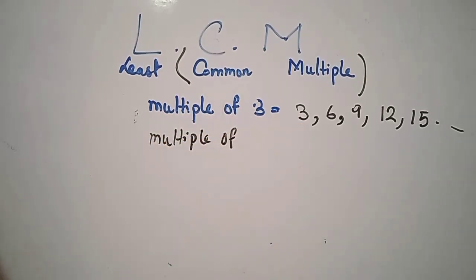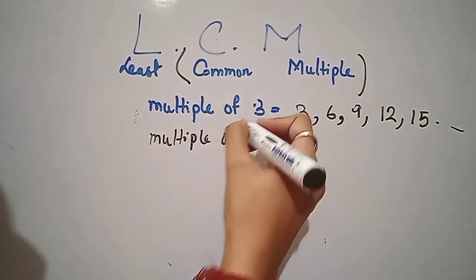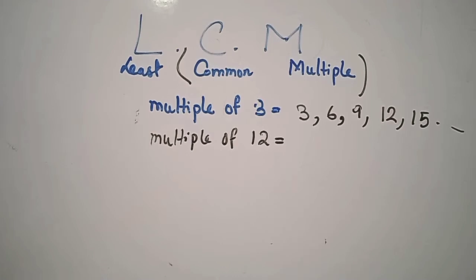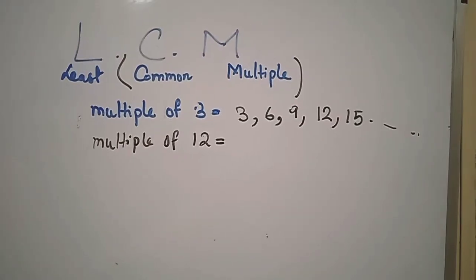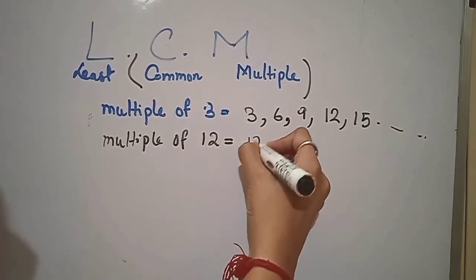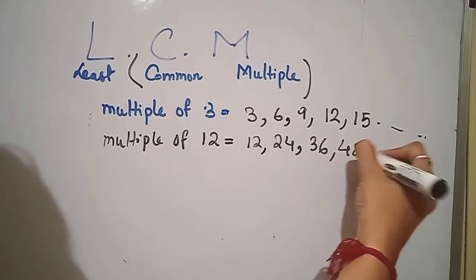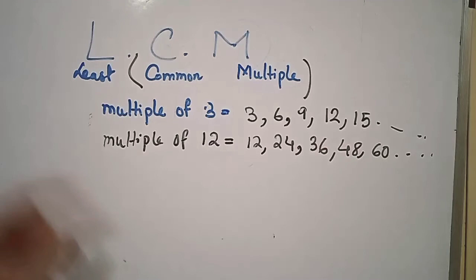12, suppose. So what will be the multiples of 12? I will write 12, 24, 36, 48, 60, and so on.